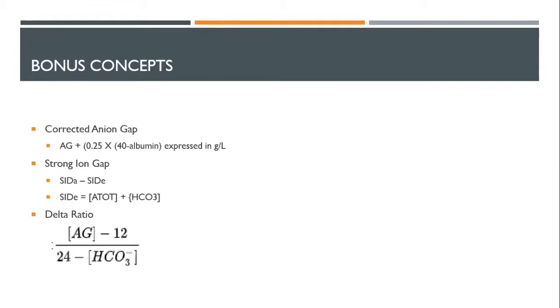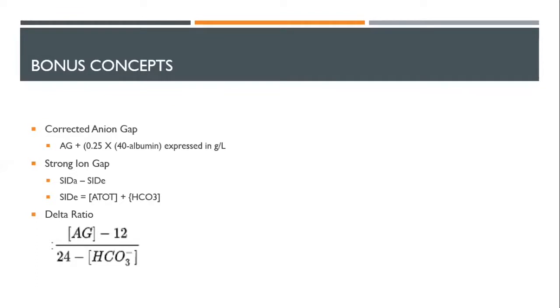So all that does is it accounts for your bicarb a bit better, and there's less variables present when you're trying to decide the cause of your acidosis or the cause of your change in your strong ion difference. It's not something that we use often in clinical practice, but sometimes, especially in the anesthesia exams, it gets asked in the data interpretation paper.